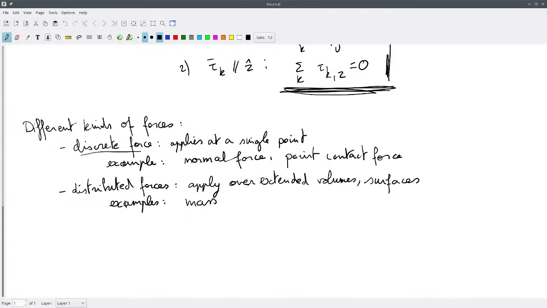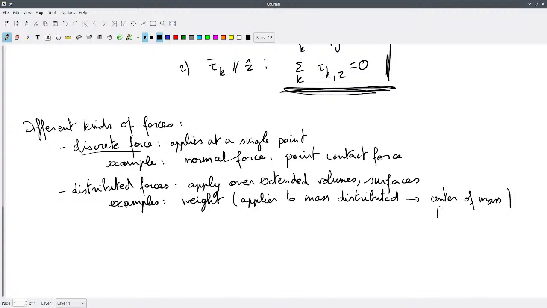And here, for example, we have the mass, or mass is not the force, let me erase that, the weight. So the weight applies over the mass distribution. However the mass is distributed, that's how the weight will be distributed. And we use that to determine a center of mass, which is the effective point that the weight applies at.